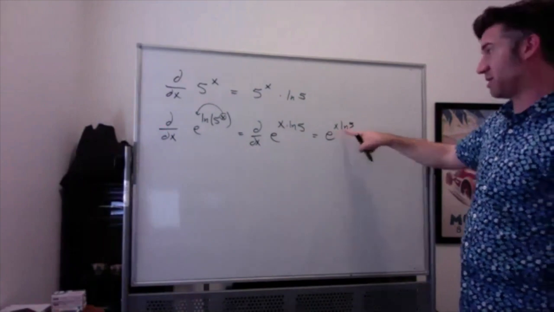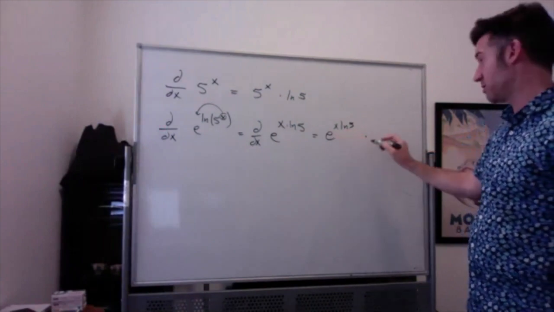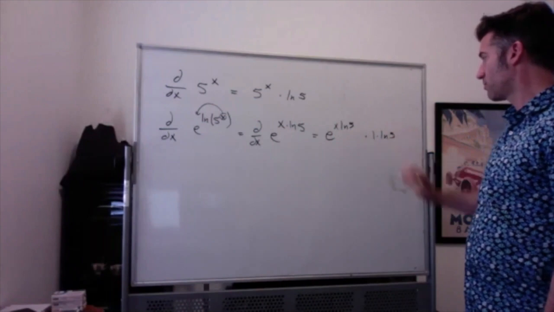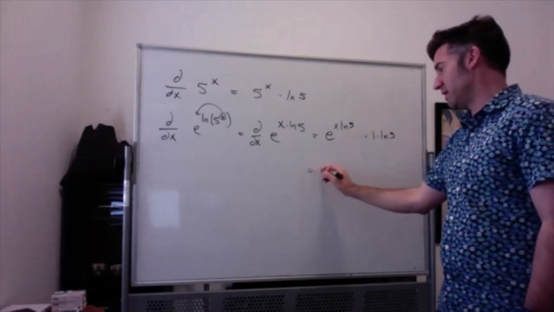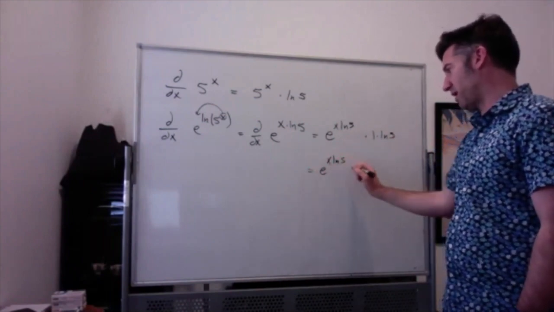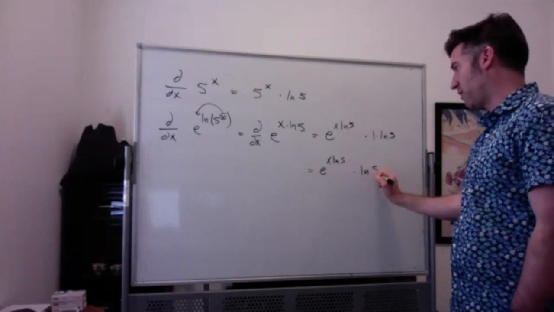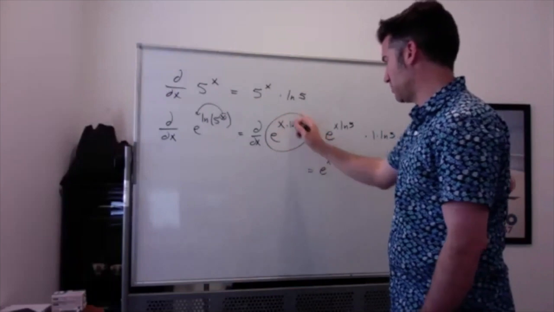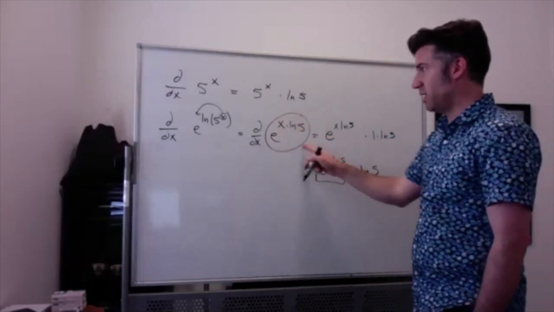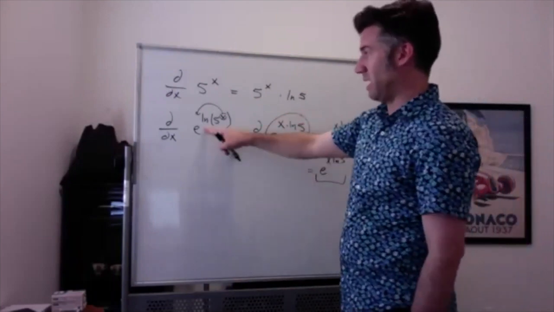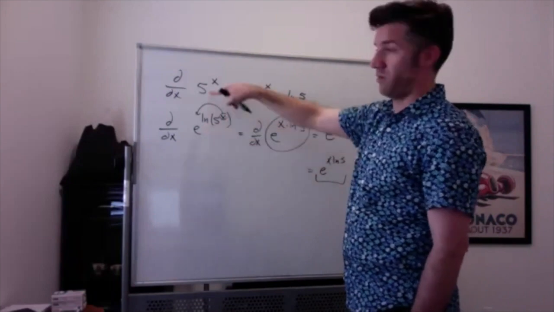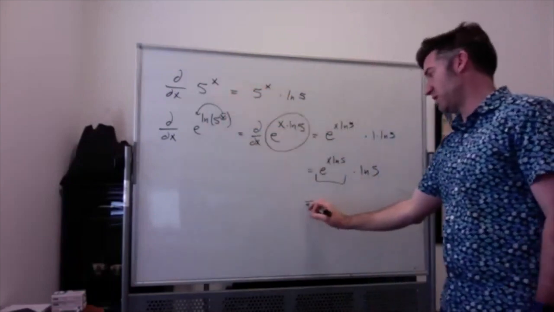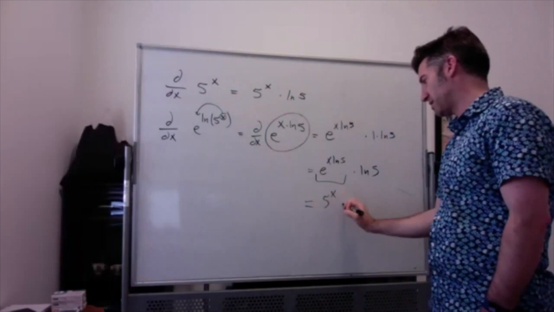The derivative of x times a constant is 1 times the constant. So my answer is e to the x times natural log of 5 times natural log of 5. But e to the x times natural log of 5 is really equal to e to the natural log of 5 to the x, which is really equal to 5 to the x. So this is really equal to 5 to the x times natural log of 5.